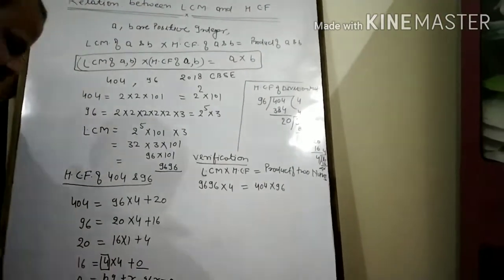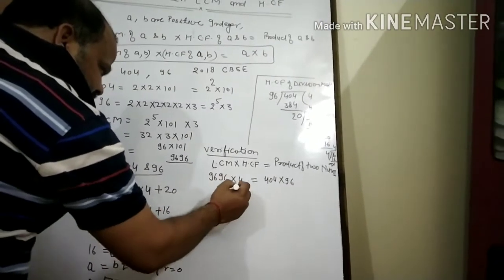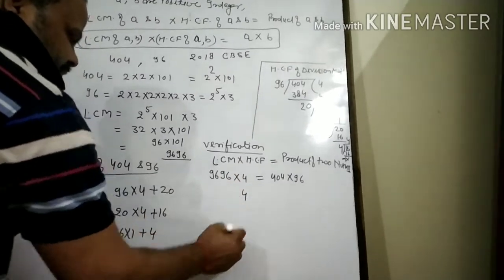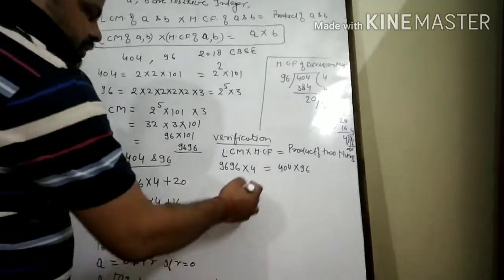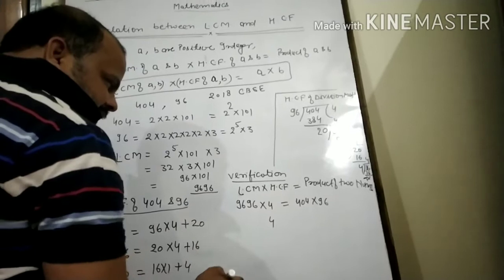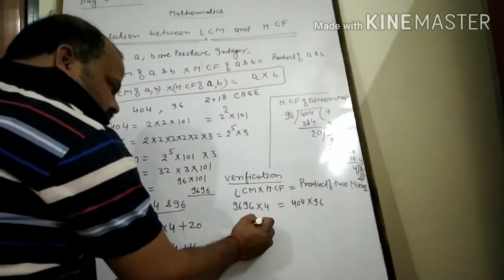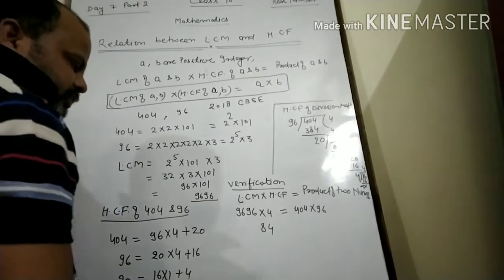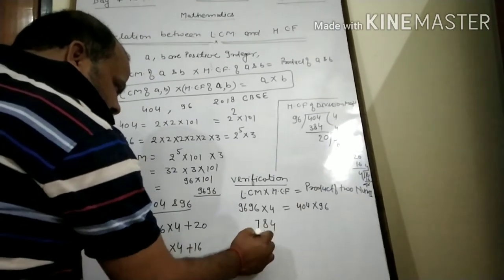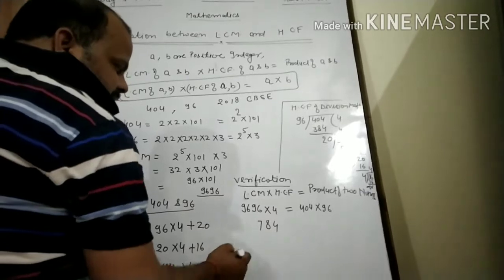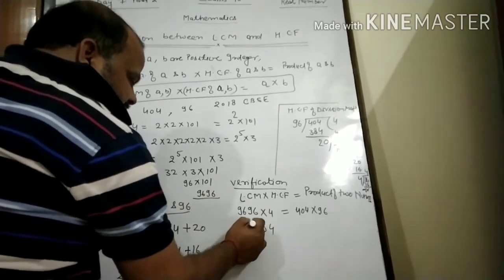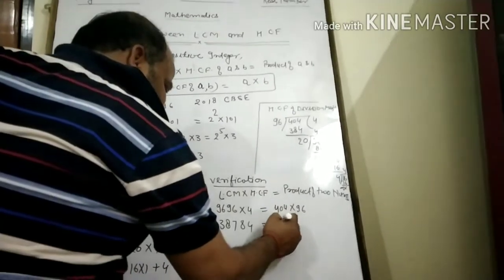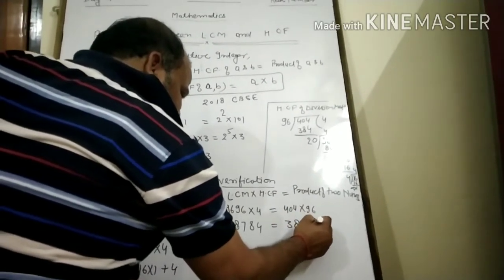Clear? If you multiply it, then 4 sixes are 24, 4 nines are 36 and 2 is 38. In the same way, multiply the other, and it gives 38784 also.